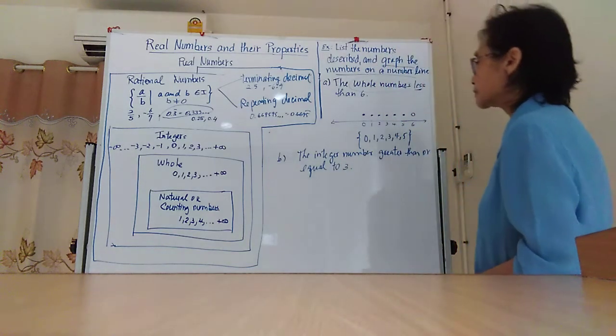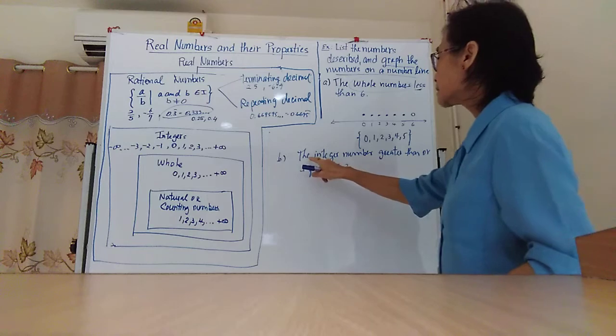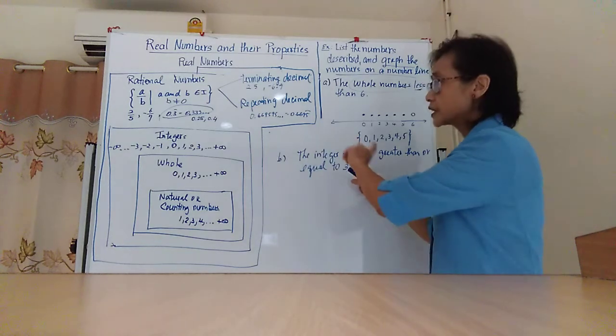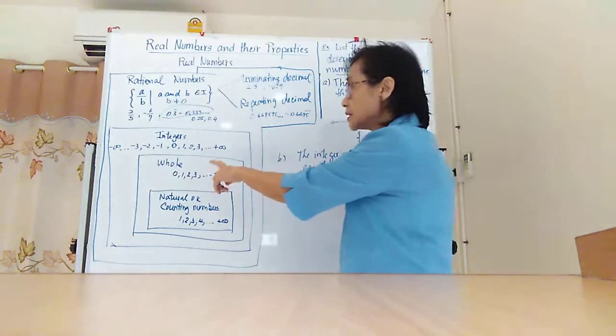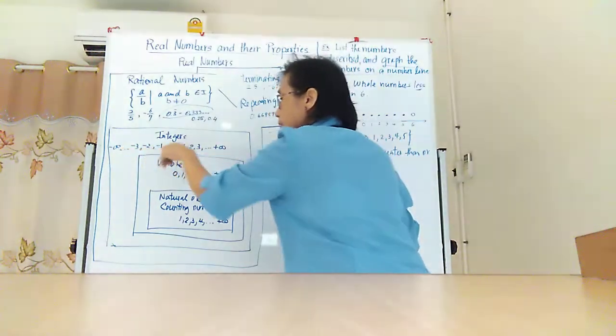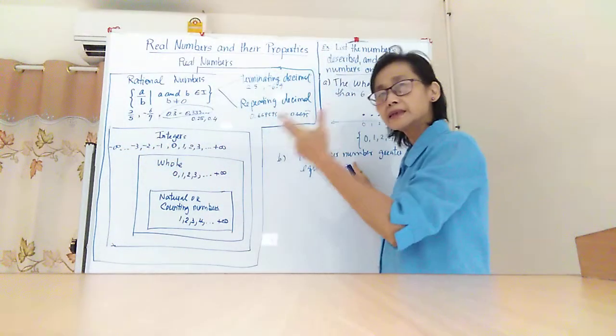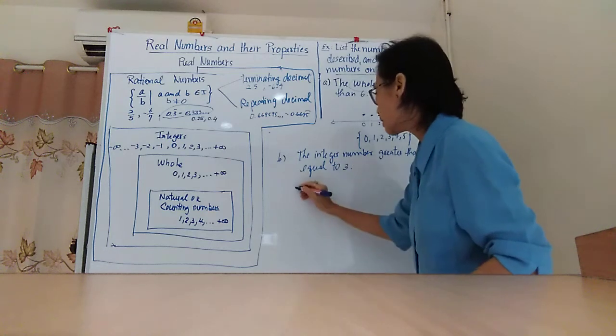Okay, we try 3. Then you can see this, the integer numbers. We come back to our definition we just finished. Integer number is this one, right? Then we have 3 kinds, 0, 1, 2, 3, and -1, -2. So you draw the number line first.